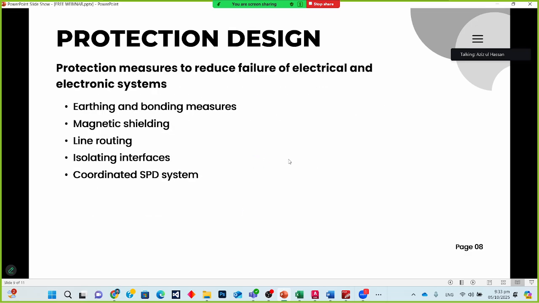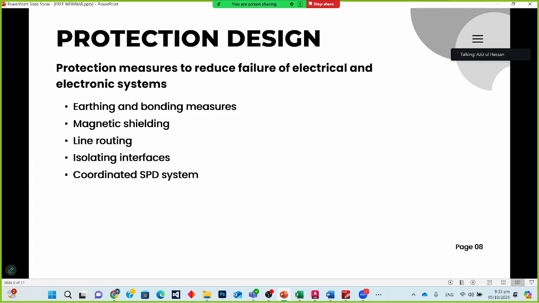And also, to reduce failure of electrical and electronic systems: earthing and bonding measures, magnetic shielding, line routing, isolating interfaces, and a coordinated SPD system. So these are the protection designs we have to give to reduce the risks that can occur, like human losses and physical damages, or the different types of damages we have seen in the previous slides.